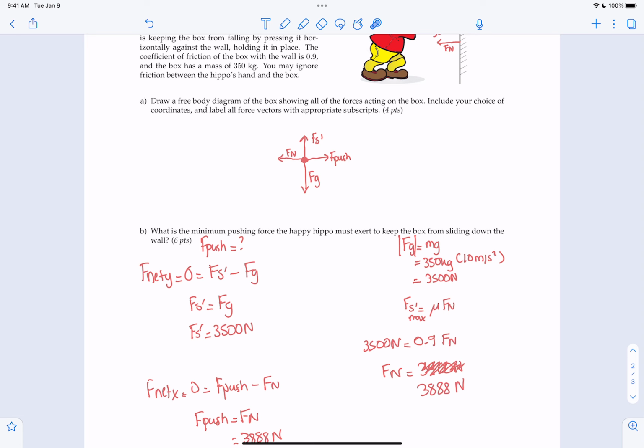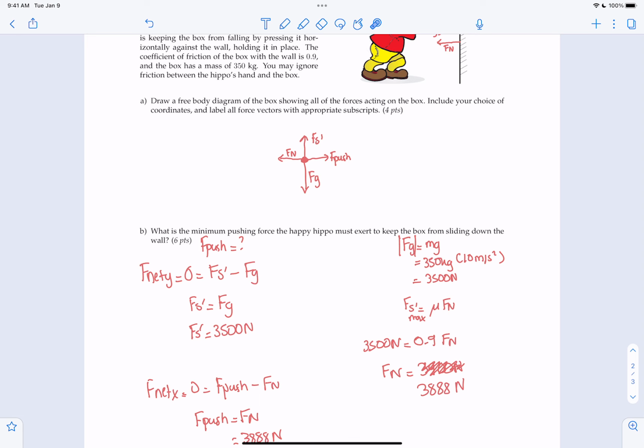So that's the idea of maximum static friction force. It's never at its maximum until the object is just about to slip. So if you ever see in a problem that the object is about to slip, know your static friction force is at a maximum. Otherwise, the direction of static friction force and stuff should just be based on your free body diagram, based on the context of the problem.